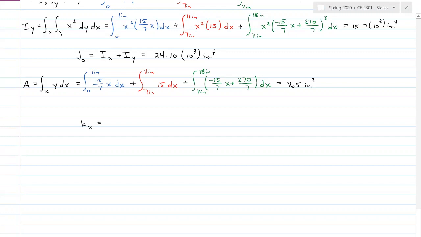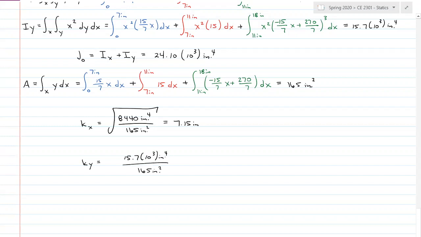Radius of gyration x is equal to the square root of 8,440 inches to the fourth, divided by my area, 165 inches squared, and that is going to give us 7.15 inches. My radius of gyration in the y is the square root of 15.7 times 10 cubed inches to the fourth, divided by 165 inches squared.